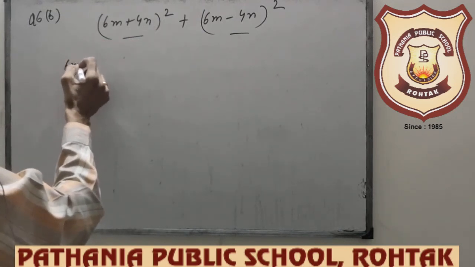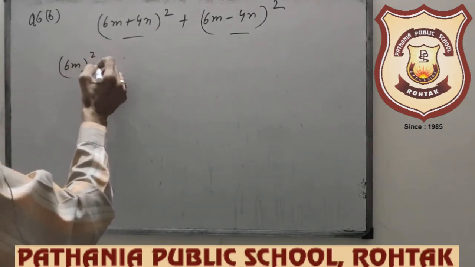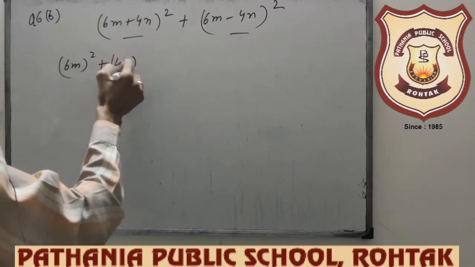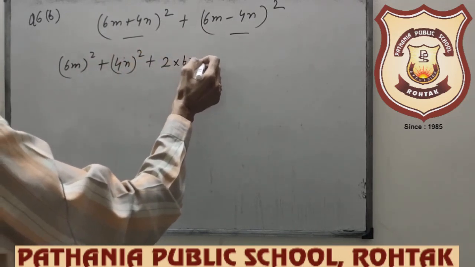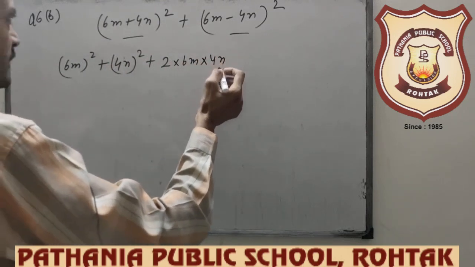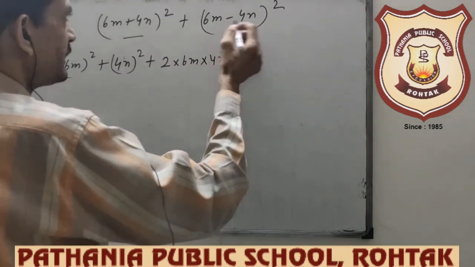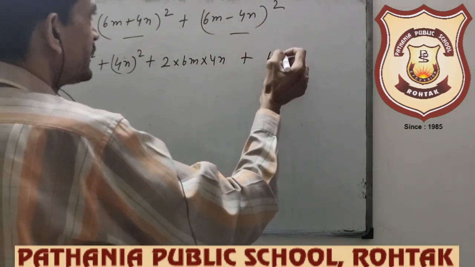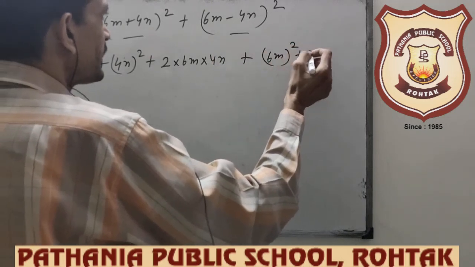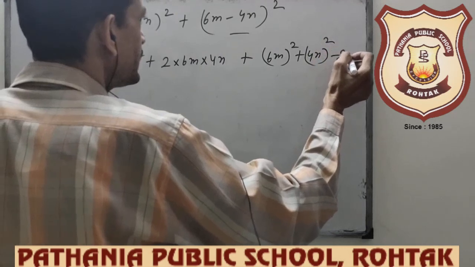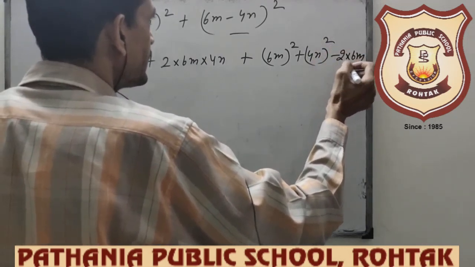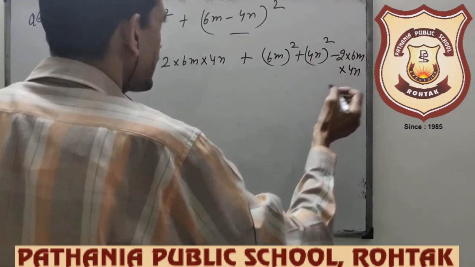This is a square plus b square plus 2ab, and then plus this, a square plus b square minus 2ab. Like this.